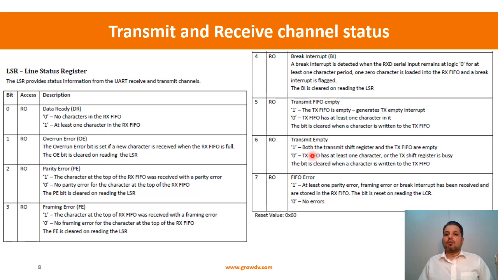So here both the transmit shift register and TX FIFO are empty, right? As we talked about, there's one extra entry that you can utilize, and if it is 0, the TX FIFO has at least one character, or the TX shift register is busy. So this bit is cleared when a character is written into the TX FIFO. So when you write it, it becomes clear. So this bit you can utilize for figuring out when to write.